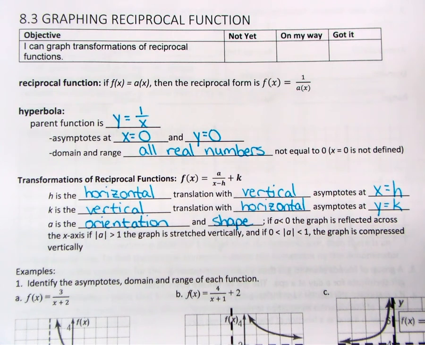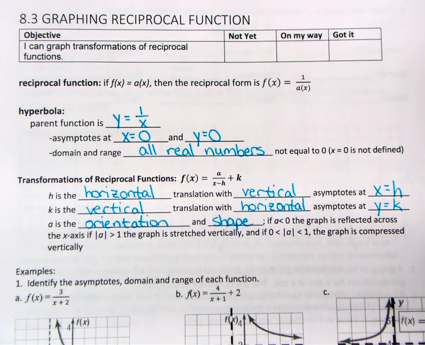And h, the horizontal translation, also gives me asymptotes. It gives me vertical asymptotes, meaning they go straight up and down. The equation for the line of the vertical asymptote is x equals h. It's important that you include that x equals part, because if we just list the asymptote at the h value, we don't know whether it's a vertical or a horizontal asymptote.